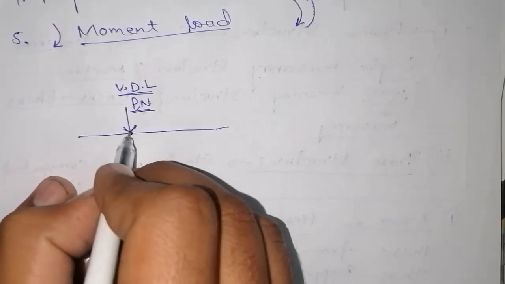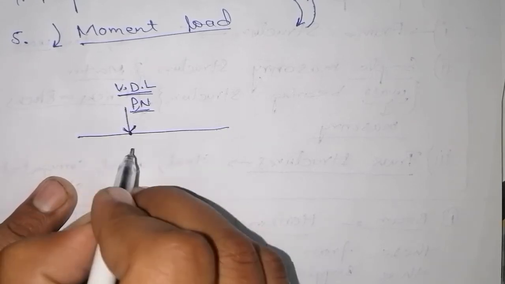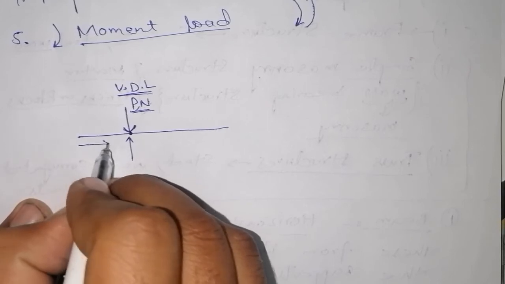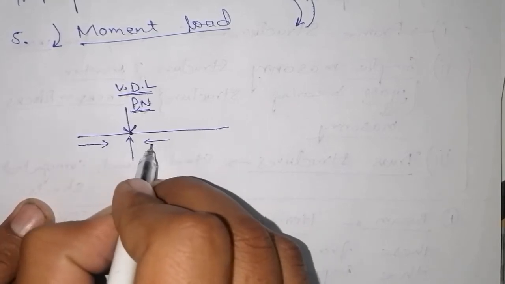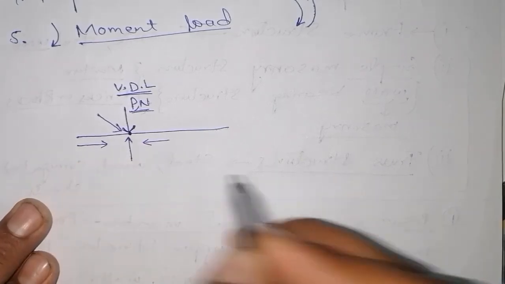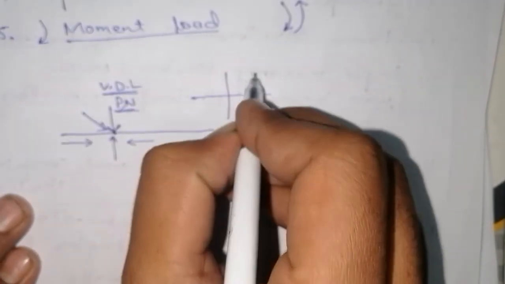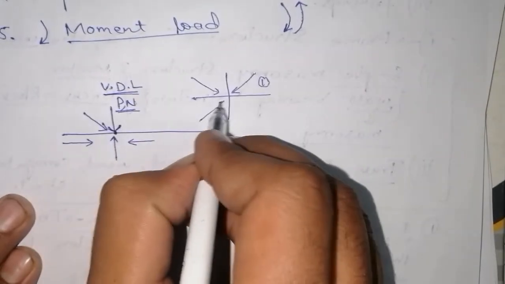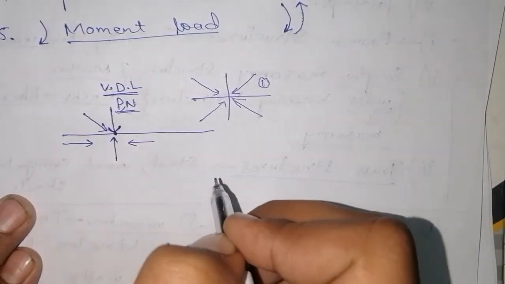This load may act vertically downward, vertically upward, horizontally rightward, horizontally leftward, or it may be inclined in any quadrant. It may be inclined like this one in first quadrant, like this one in second, third and fourth.